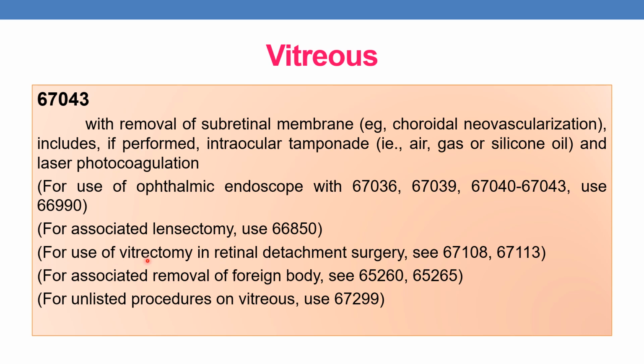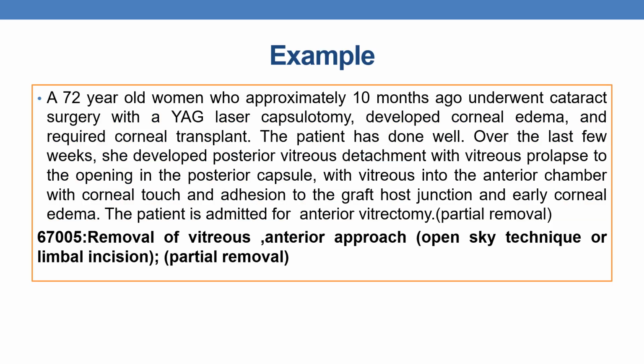And for use of vitrectomy in retinal detachment surgery, see 67108 to 67113. And for associated removal of foreign body, see 65260 to 65265. And for unlisted procedures on vitreous, use 67299. Now let us see an example.